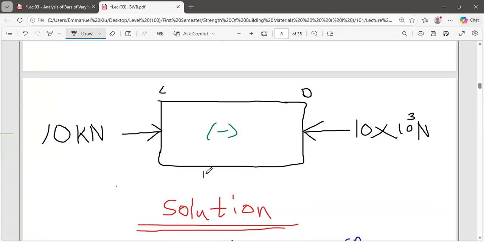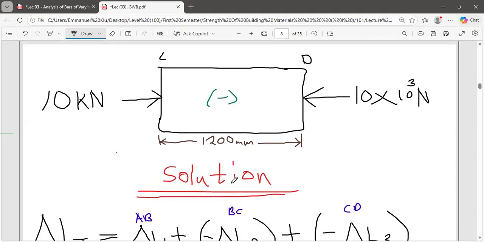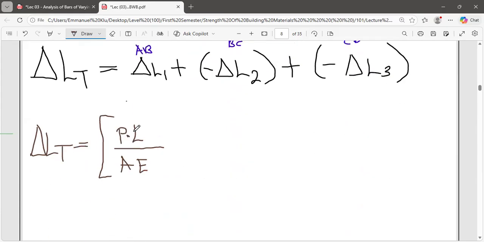So this becomes 1,200 millimeters. Let's all do it quickly and nicely. As we are done like this, now we can proceed with our work.